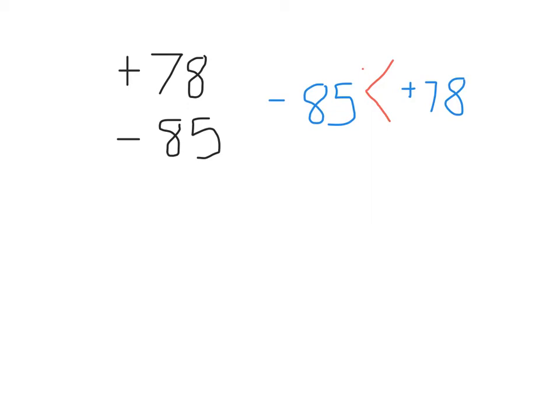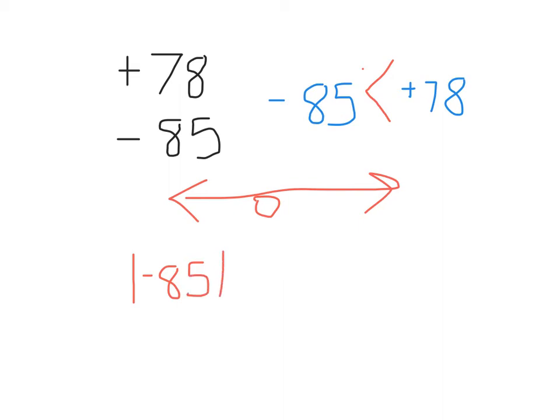So they're talking about when we start at 0 on a number line, who went in their direction farther? They're not asking which number is greater, they're saying who traveled farther from 0. So we're going to use absolute value for that. So now the absolute value of negative 85 and the absolute value of 78.